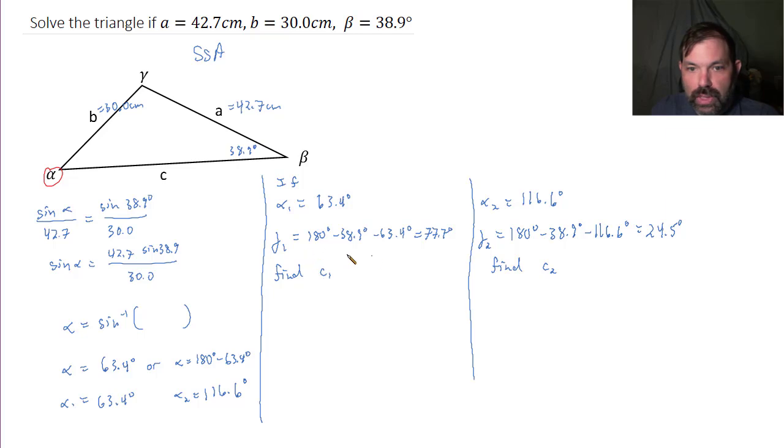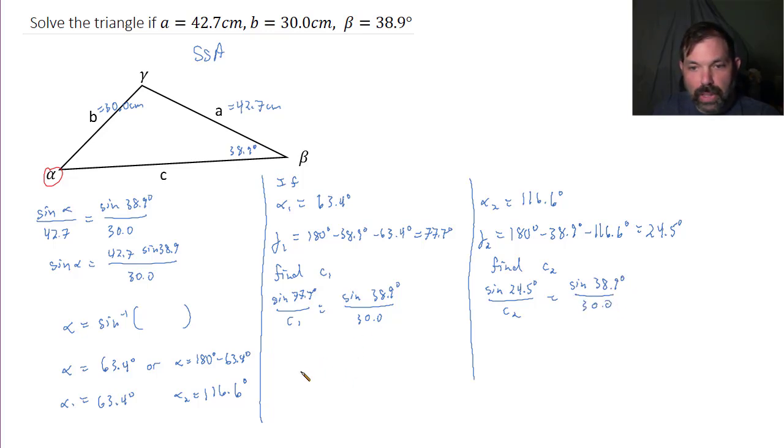So using gamma 1, sine 77.7 degrees is to C1 as sine 38.9 degrees is to 30.0. Let's find C2. Sine 24.5 degrees is to C2 as the sine of 38.9 degrees is to 30.